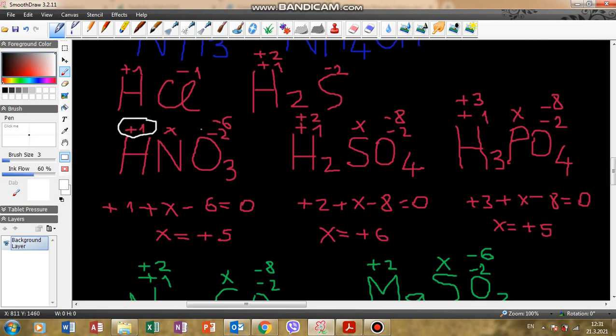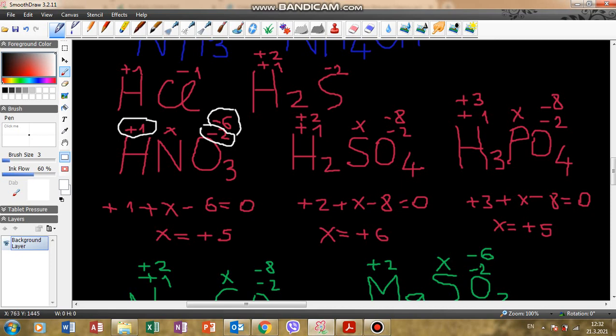For example, here in nitric acid we have hydrogen, which is +1 oxidation state, and oxygen, which is -2. And since we have 3 oxygen atoms in nitric acid, we have to multiply that number by 3, and so we have -6 overall charge of oxygen in nitric acid.